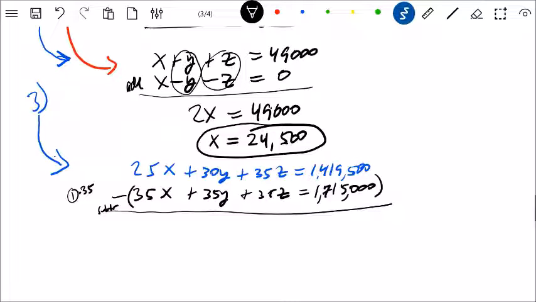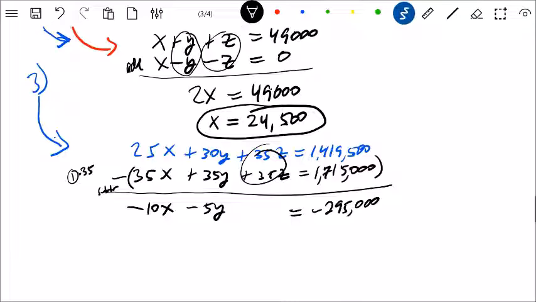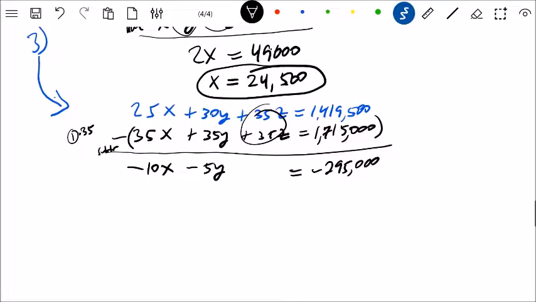So I'm going to get negative 10x, and 25 take away 35, 30 take away 35 gives us negative 5y, 35 take away 35, and that goes away, equals 1,419,500 minus 1,715,000, gives us a negative 295,500 actually.